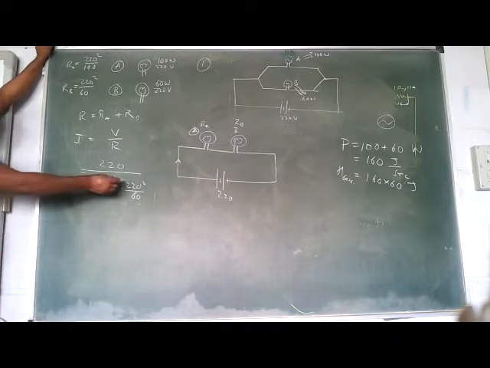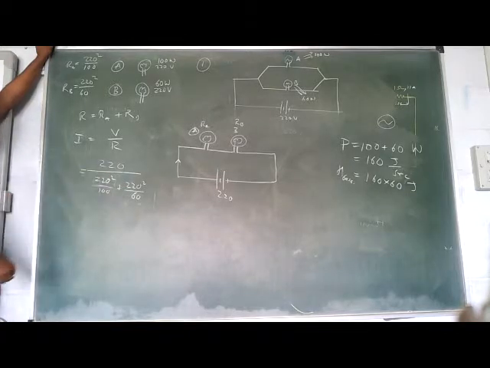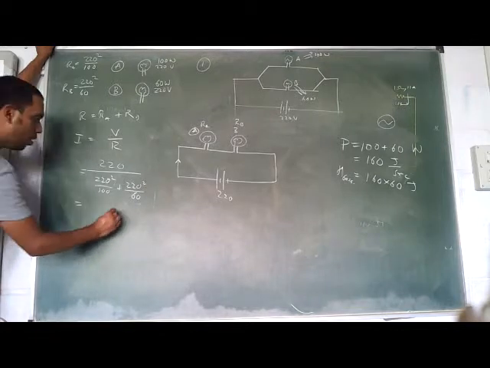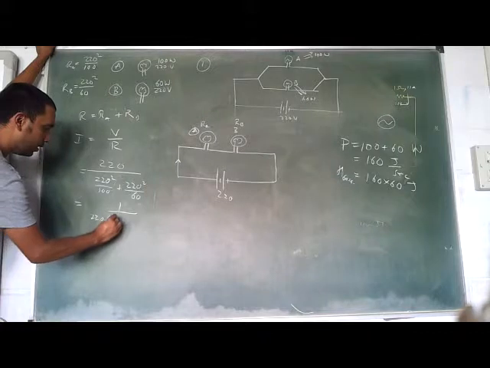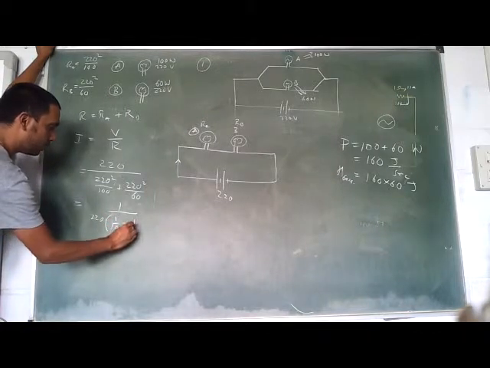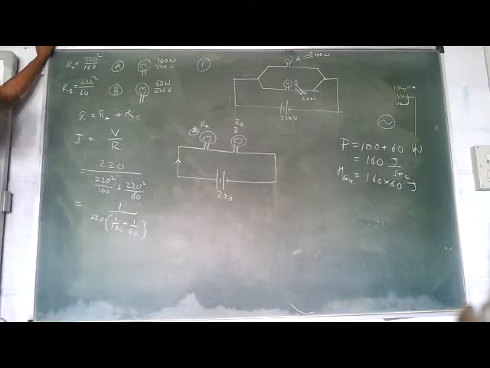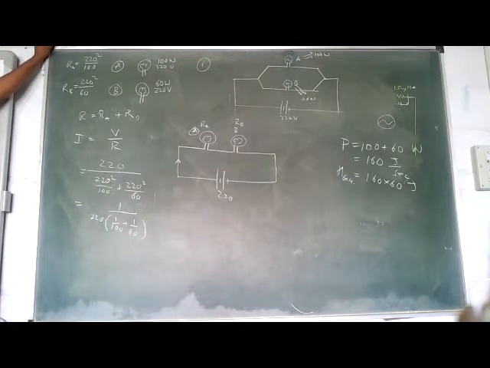You can take 220 square common and cancel 220. So it is equal to 1 divided by 1 by 100 plus 1 by 60, and 220 got cancelled with the top. Is it clear? It's a big figure, but that's the current. In your exams you will get easy values, don't worry. So this is the current.